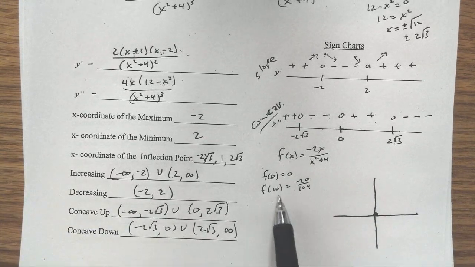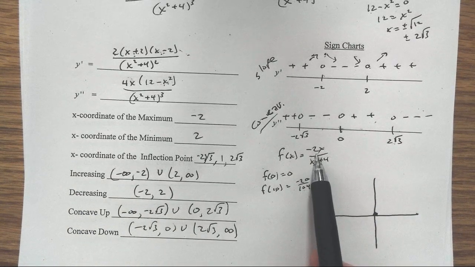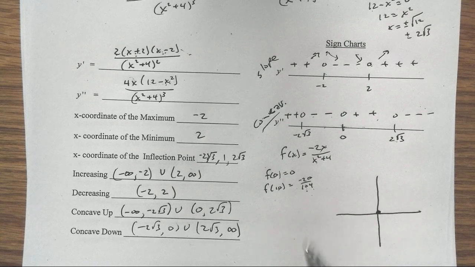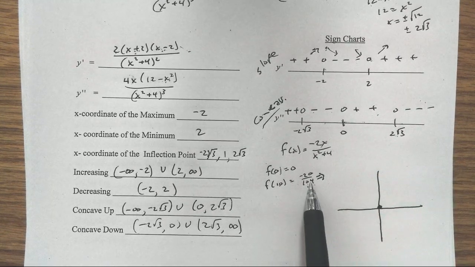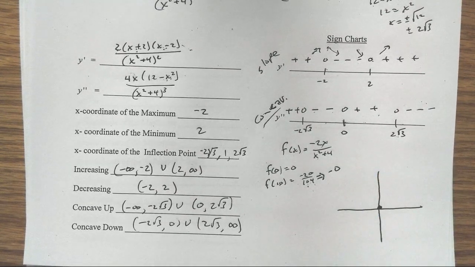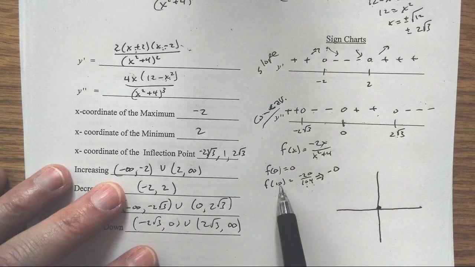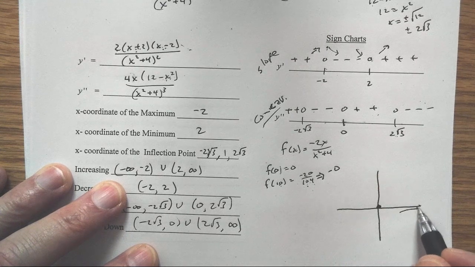And I believe if I put bigger values in, the denominator is going to get bigger and bigger, the numerator is going to get bigger, but not like the denominator. So I would say, kind of an oxymoron, this thing is like negative 0. Negative divided by positive is negative, and it's going to get closer and closer to 0. So as x gets big out to the right, we're getting sucked in to 0.